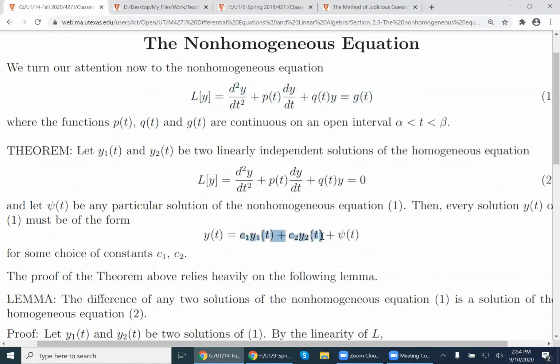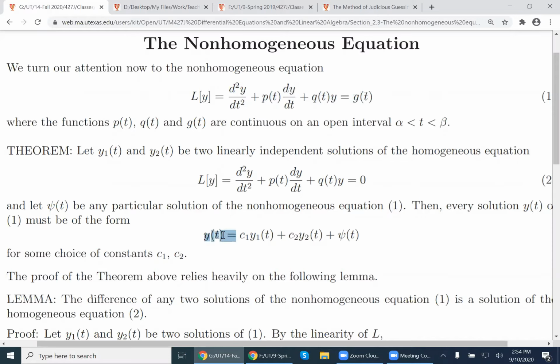This is the general solution of the corresponding homogeneous equation. The second part is a particular solution of the original non-homogeneous equation. Repeat once again.